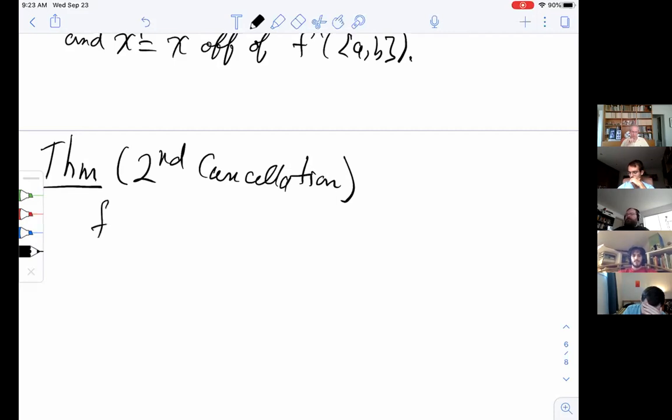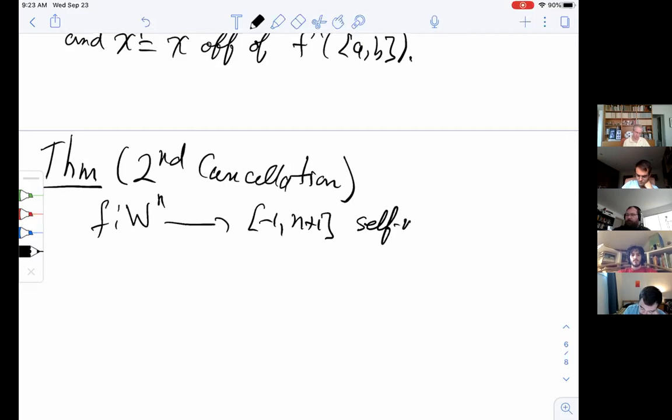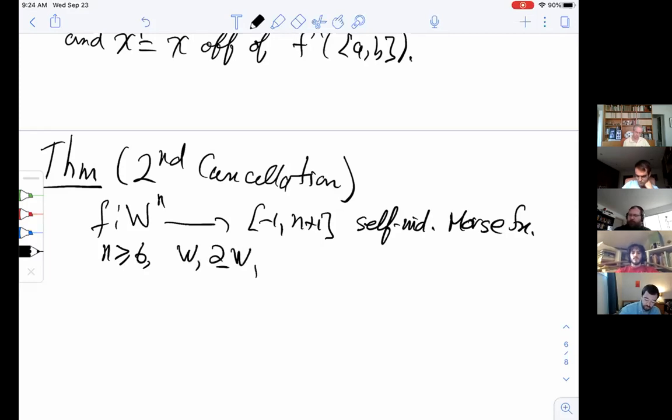So again, we have a compact manifold. I guess I want a self-indexing Morse function. Dimension now has to be at least 6. W, boundary minus W, and boundary plus W are all simply connected.